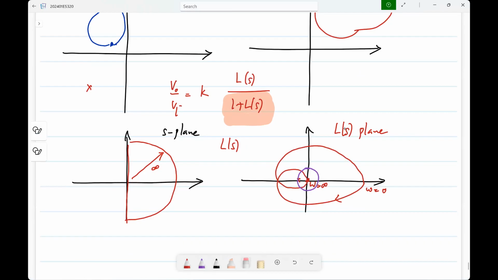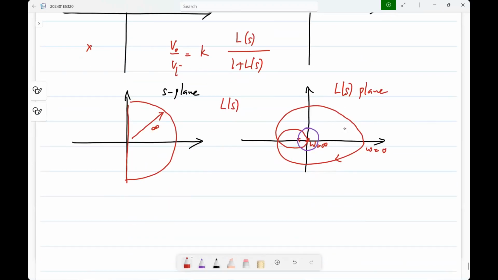But you have to be a little careful when you have zeros and so on. What is the business of the stability margin? The denominator should not become 0. That means L of s should not become minus 1. So the idea of this margin is you stay as far from minus 1 as possible. In fact, L of s equals minus 1 for any omega means instability.